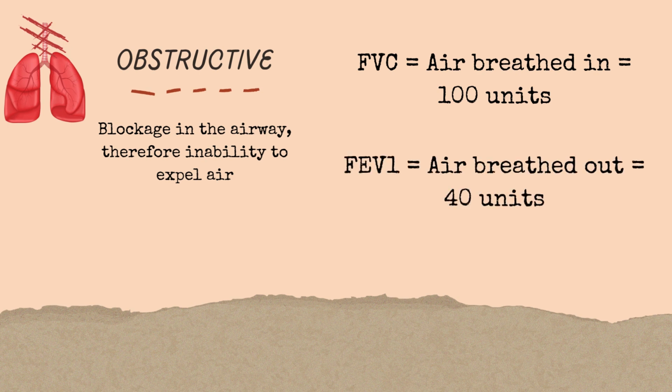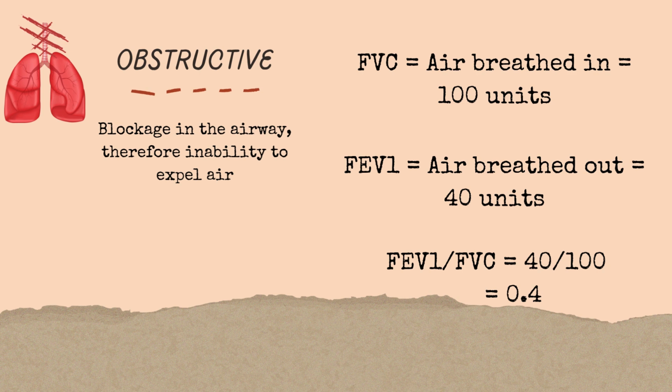You then look at the forced expiratory volume in 1 second, i.e. the air that we breathe out in 1 second, FEV1. Let's say that this is only 40 units that you breathe out. So you took in 100 units, but you are only breathing out 40 units. That means when we do the calculation, we will get 40 over 100, which is equal to 0.4.